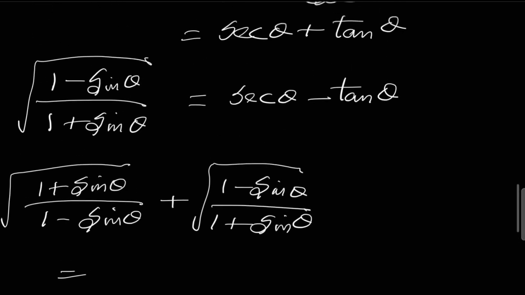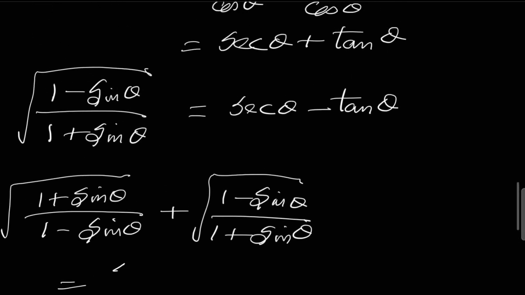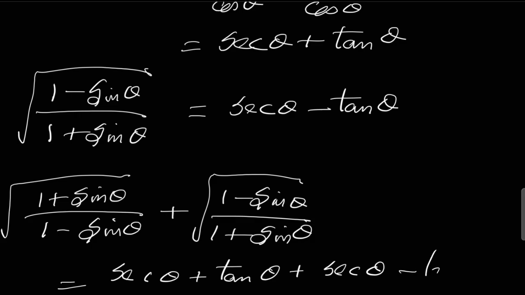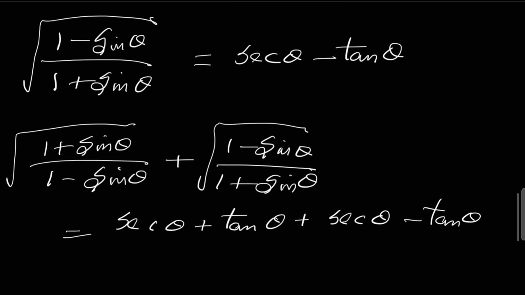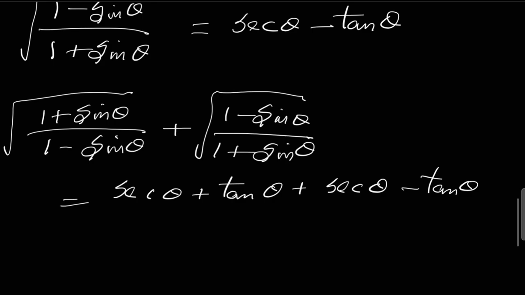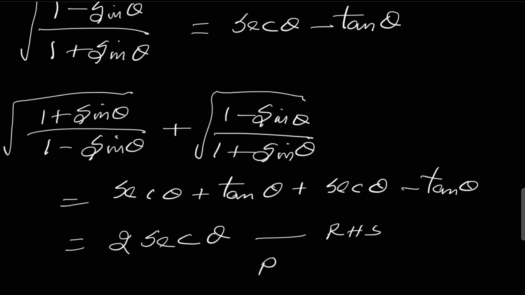The answer for the first term is secant theta plus tan theta, plus the second one is secant theta minus tan theta. Plus tan theta minus tan theta cancel. You will get secant theta plus secant theta, which is 2 secant theta. That is your right hand side. Hence proved. Thank you.